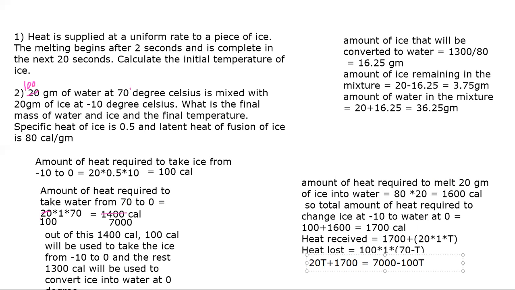From here, you can easily find out 120T is equal to 5300, and therefore T will be equal to 5300 divided by 120, and you can calculate the value.